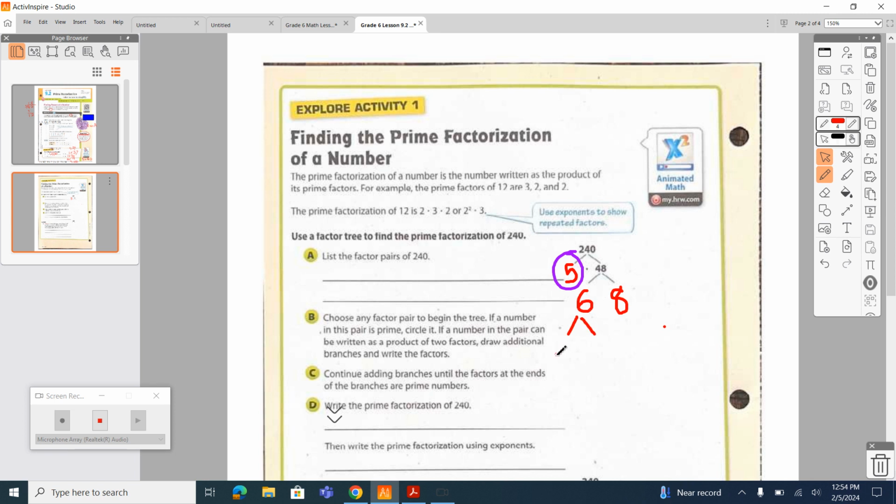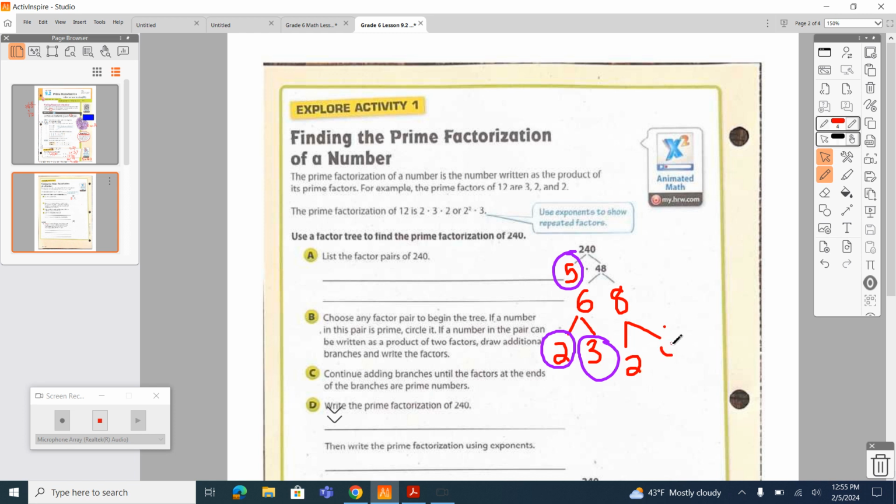Factors of 6 are 2 and 3. Now those are prime numbers because the only number that 2 is divisible by is 2, which is itself, and 1, and the same thing for 3. And then I'm going to go back over here and I'm going to say my factors of 8 are 2 and 4.